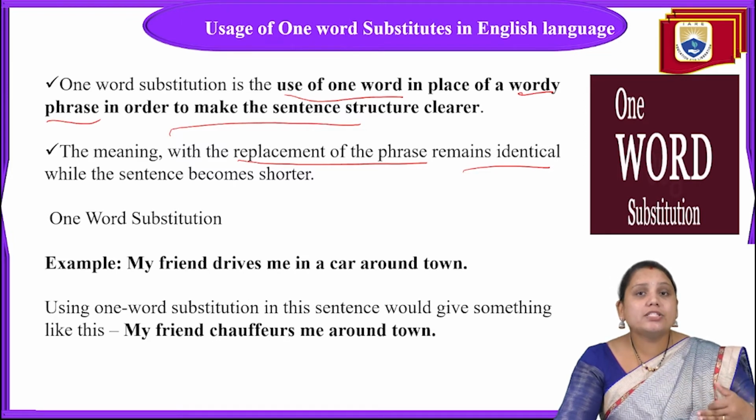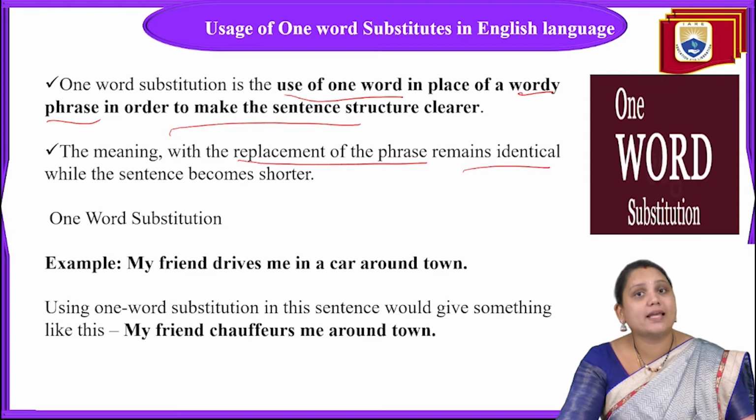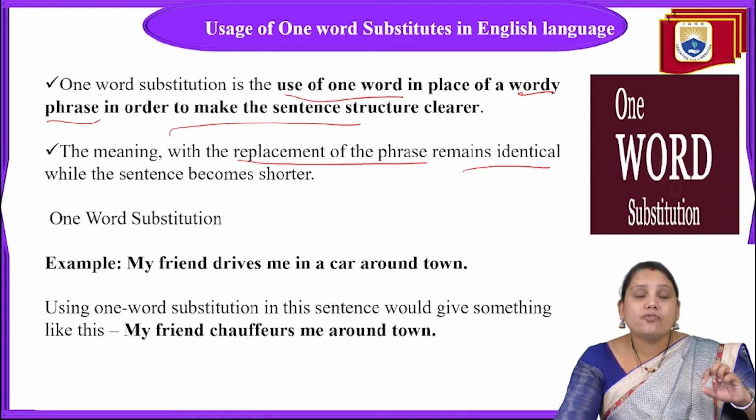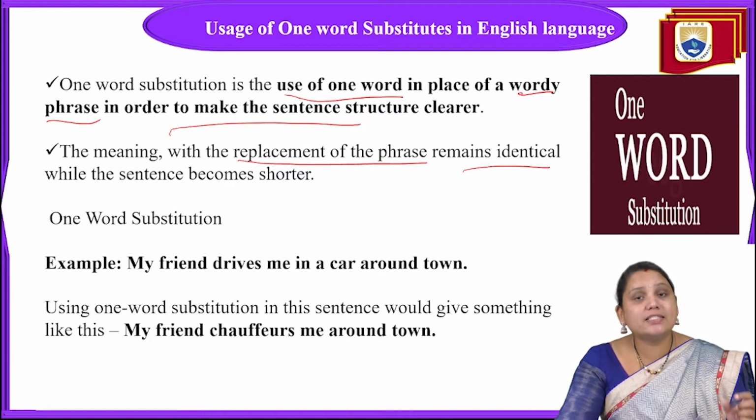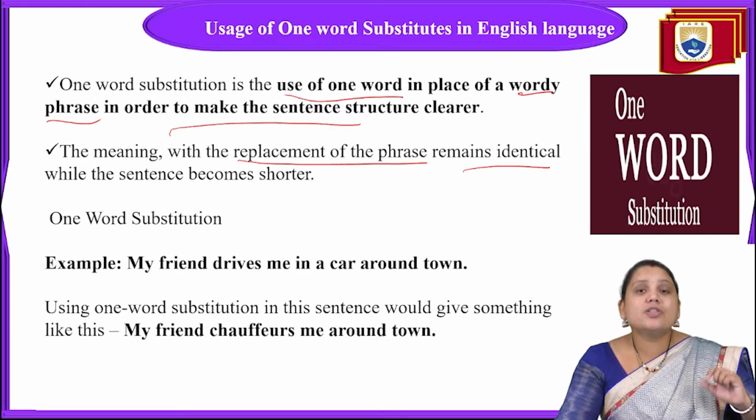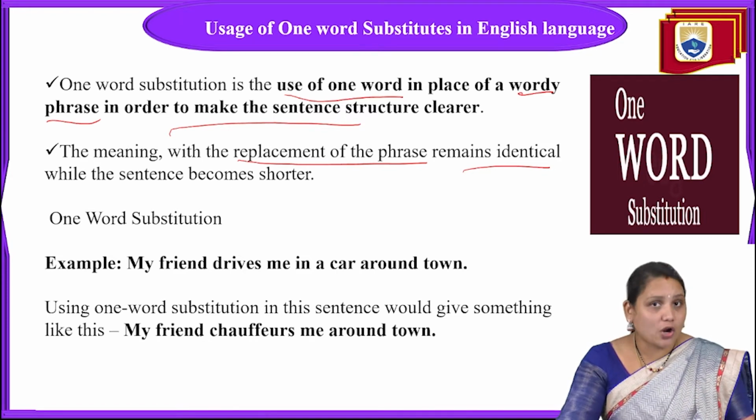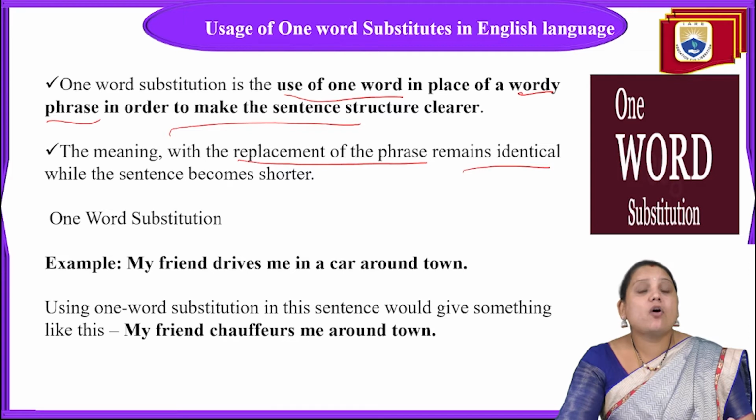That is, instead of making your conversation longer with long sentences, we replace the phrases with one word, such that your sentence becomes shorter, effective, and also renders the accurate meaning of the conversation.